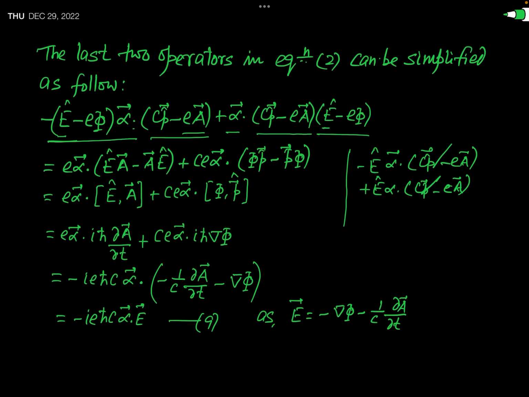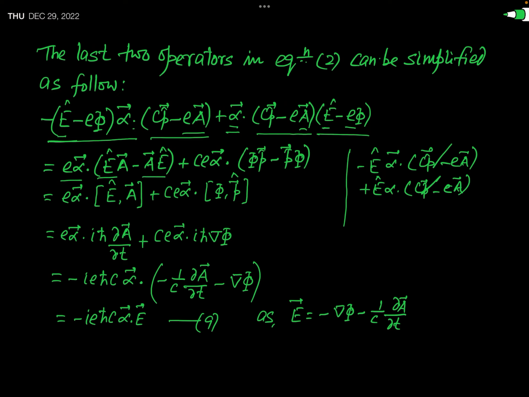Similarly, in the second term there is minus e alpha dot Ae, so e alpha dot (eA minus Ae).